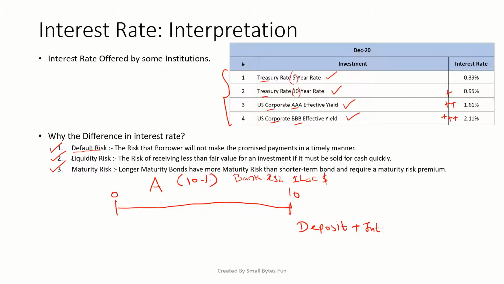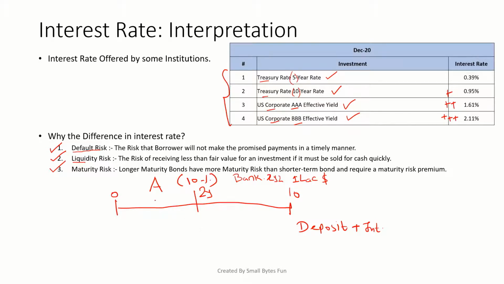The second risk that A runs is the liquidity risk. Let's assume that in the second year, A is in need of money. A wants his $1 lakh. He has some financial emergency and he needs his $1 lakh. Now there is an agreement or a clause that the bank cannot do early payments, or he cannot break his fixed deposit.